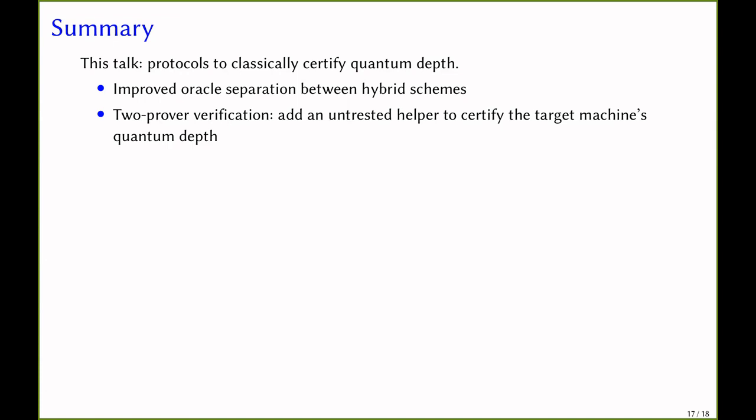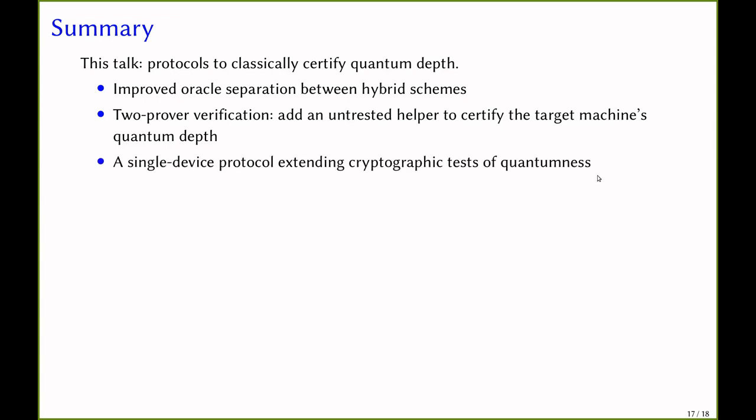If the target machine doesn't have sufficiently large quantum depth, then the verifier rejects with high probability. And the last part of the paper is a single device protocol that extends the cryptographic test of quantumness to certify quantum-classical hybrid schemes.